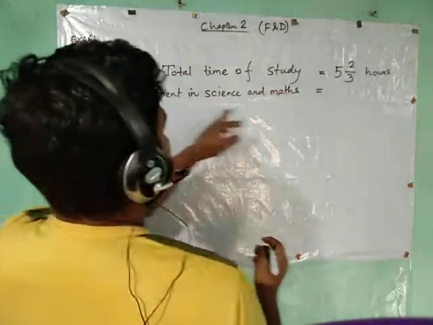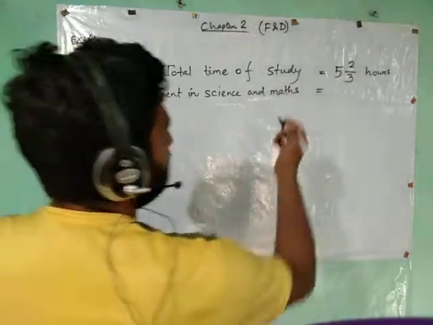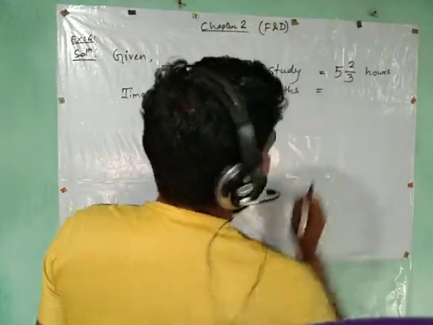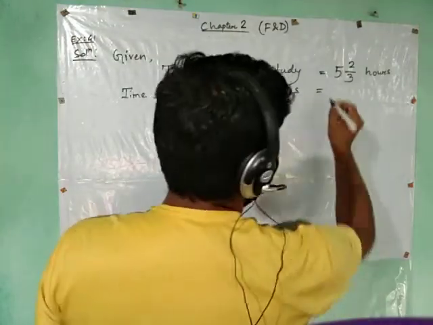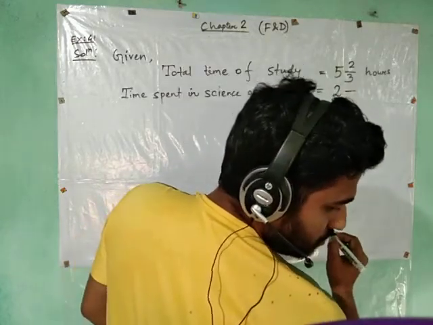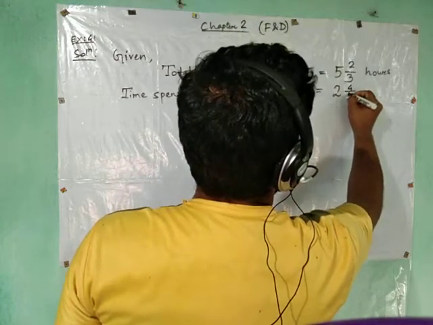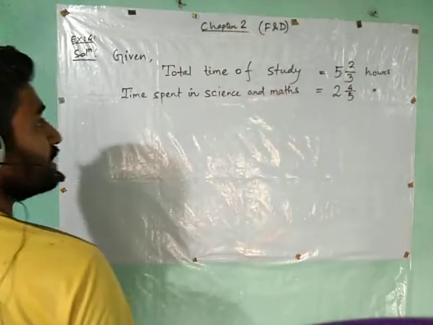Okay, you write mathematics, I will write maths. Now how much time does she utilize? 2 4/5 hours. I hope it is clear.